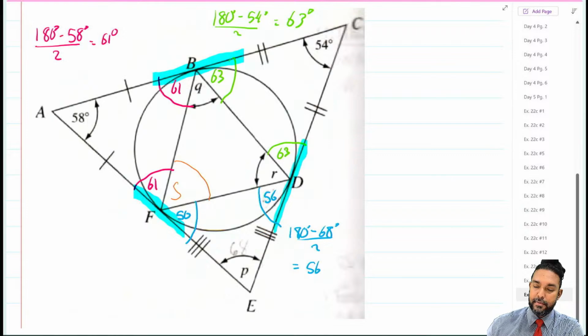You'll notice that the angles inside the inside triangle are equal to one of the pink, blue, or green. 61 and 63, okay, that's 124. Next one, that's 56, right?